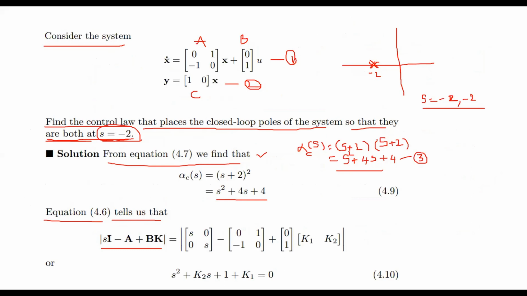So s into 1 is s, s into 0 is 0, s into 0 is 0, s into 1 is s. Therefore, this is s multiplied with the identity matrix, sI minus matrix A. What is the matrix A?